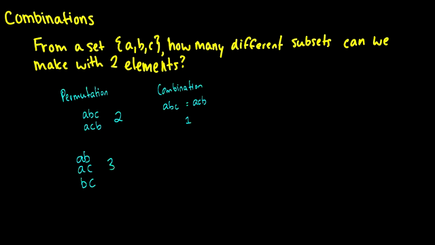Now you're saying, well, what about BA, what about CA, and what about CB? Well, these map to ones we've already done, so we simply don't count these. So there are 3 different combinations we can make.